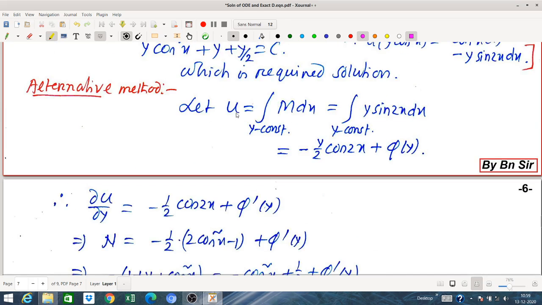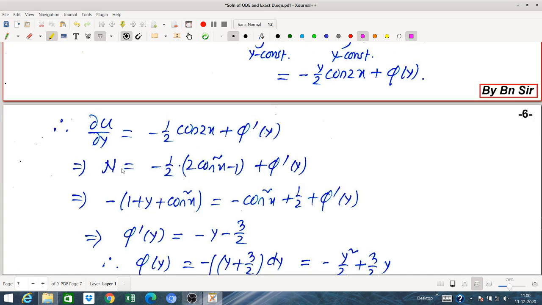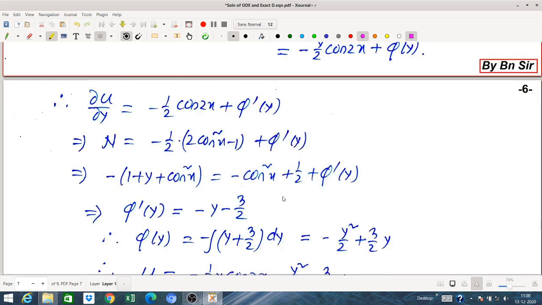Now differentiate this with respect to y, del u by del y. Derivative of y with respect to y is 1, so minus half cos 2x, and phi of y derivative is phi dash y. Now del u by del y is n, because it is an exact equation, and the value of n is minus 1 plus y plus cos square x, and cos 2x we have written in trigonometry as 2 cos square x minus 1, simplified.